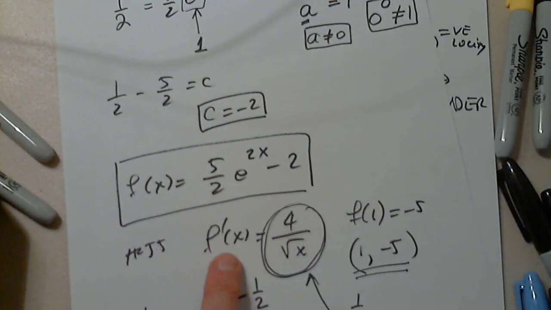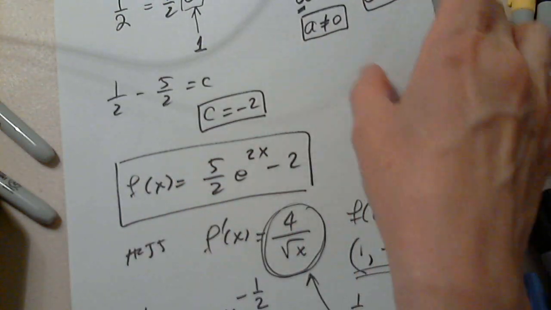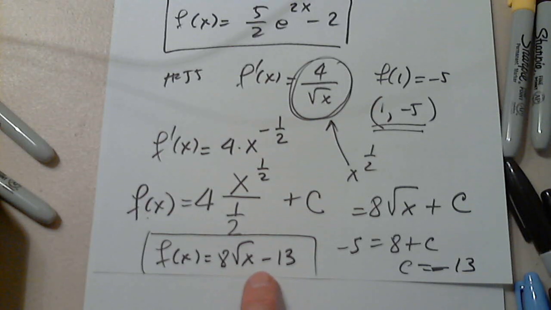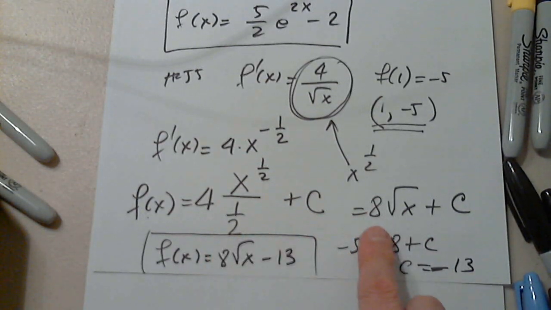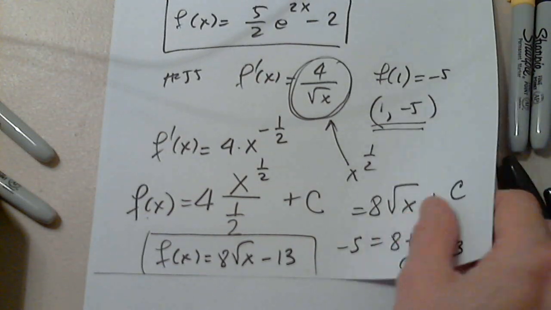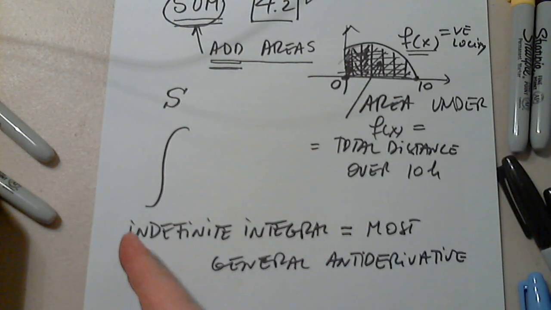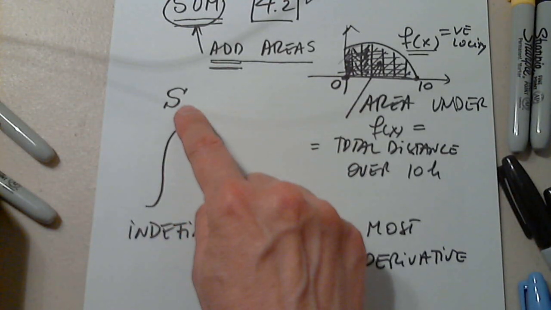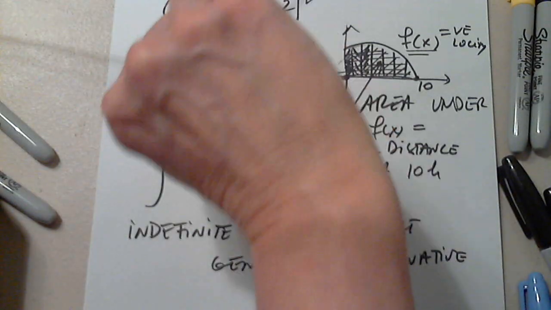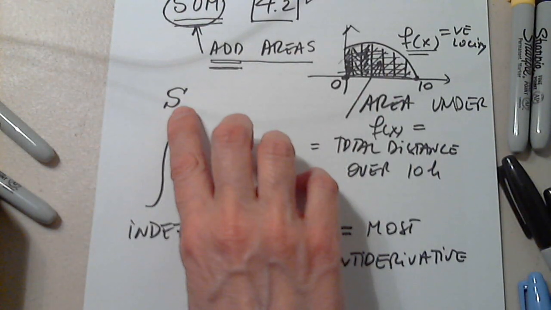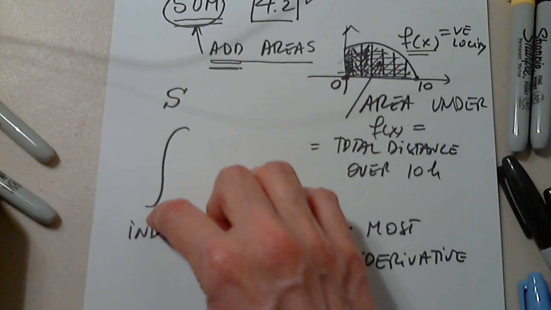We're going to be given a function, and we're going to be asked to determine the most general antiderivative, not unique, the most general antiderivative. But we are going to use a fancy notation. It's not that fancy. It's the letter of the sum, so it's s, but it has to be stretched because just this little s will not do the job.